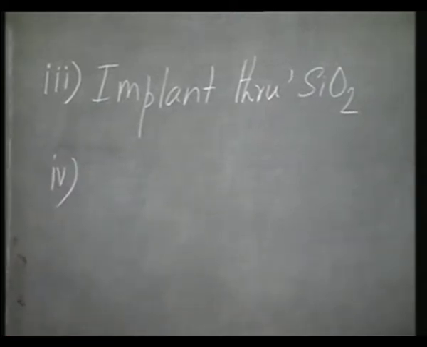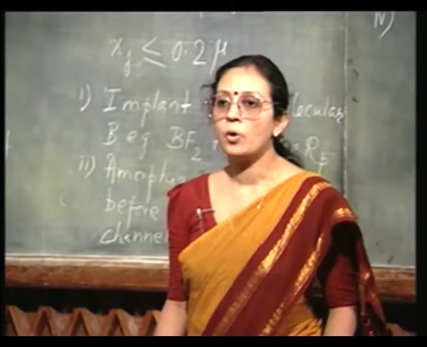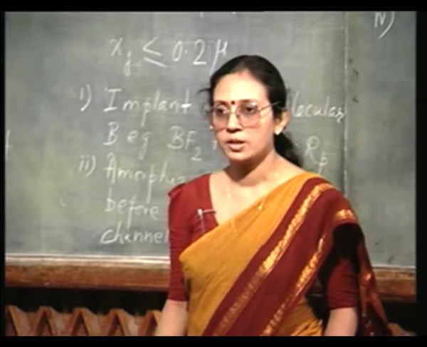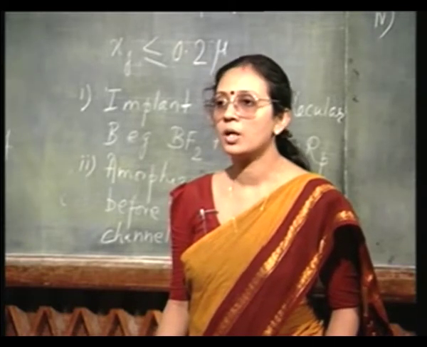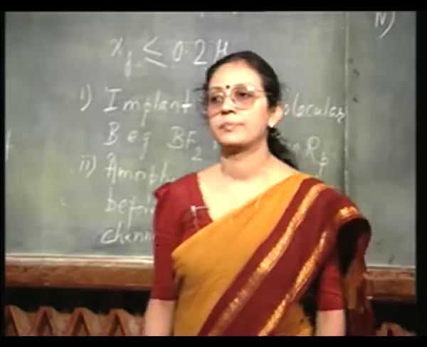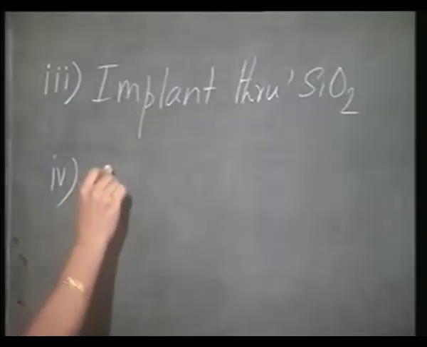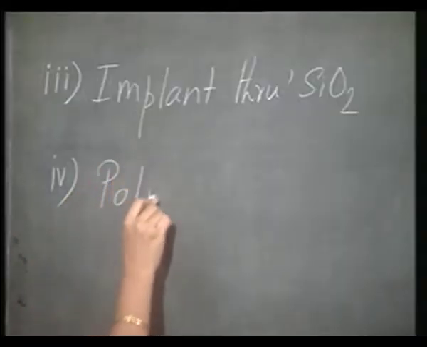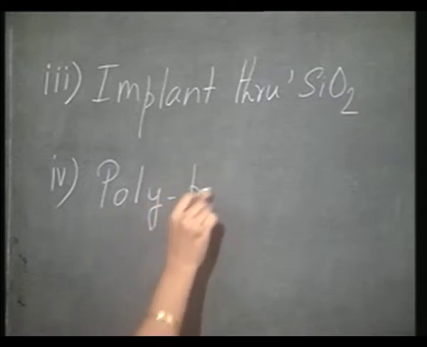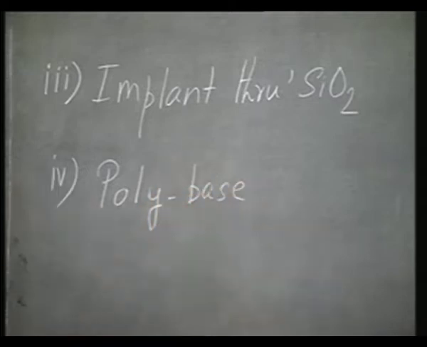And the fourth possibility is what is known as a poly base technology, diffuse through a polysilicon layer. Let me just briefly outline this, we can expound on this in the next class.